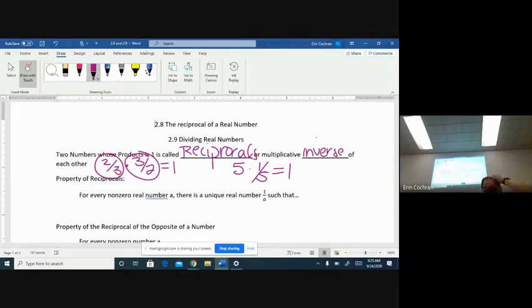So the property of reciprocal says for every non-zero real number, okay? And it has to be non-zero because if it's 0, what happens to everything? It's 0, right? And you don't have a reciprocal of 0 because can you have 0 in the denominator? No, okay? There is a unique real number 1/a, such that a times 1/a is always going to equal 1.